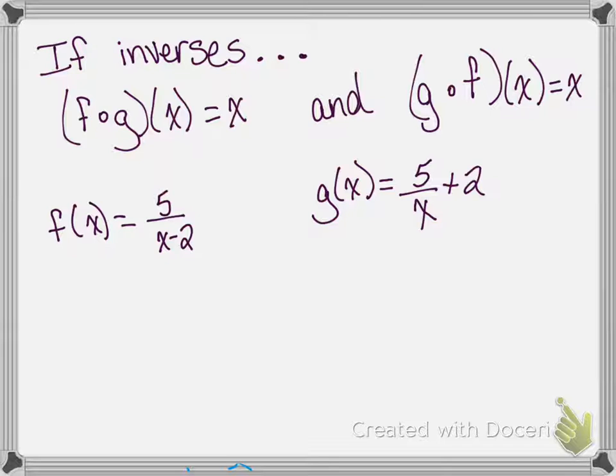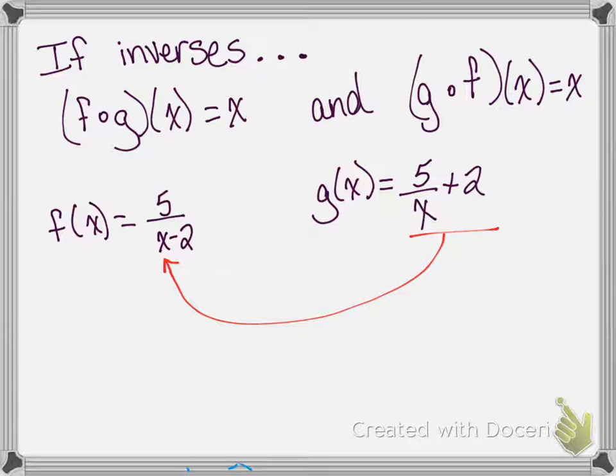Okay? So what I have to do is on the first one, I am going to take g and I am going to plug it in for that x right there, because I am doing f composed of g. I'm doing f composed of g. Okay?